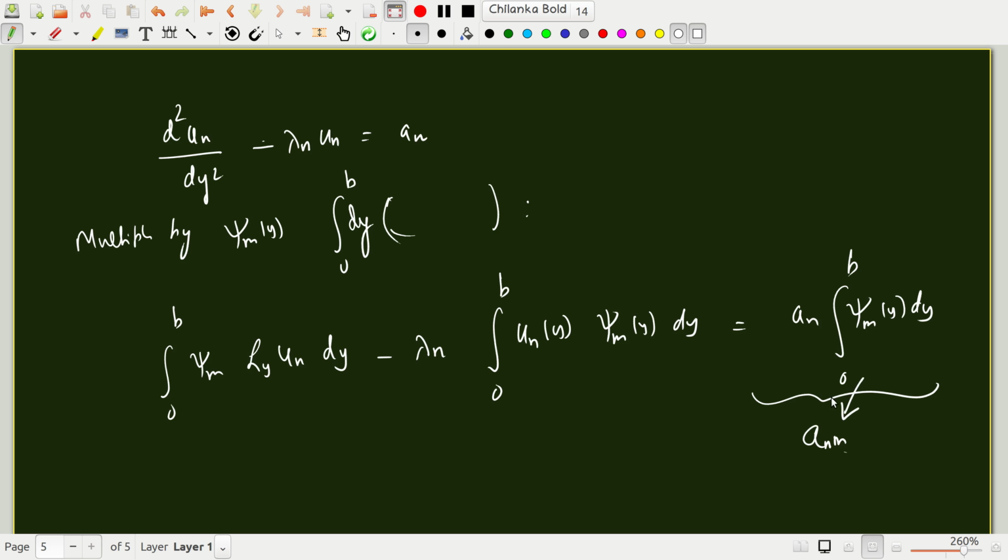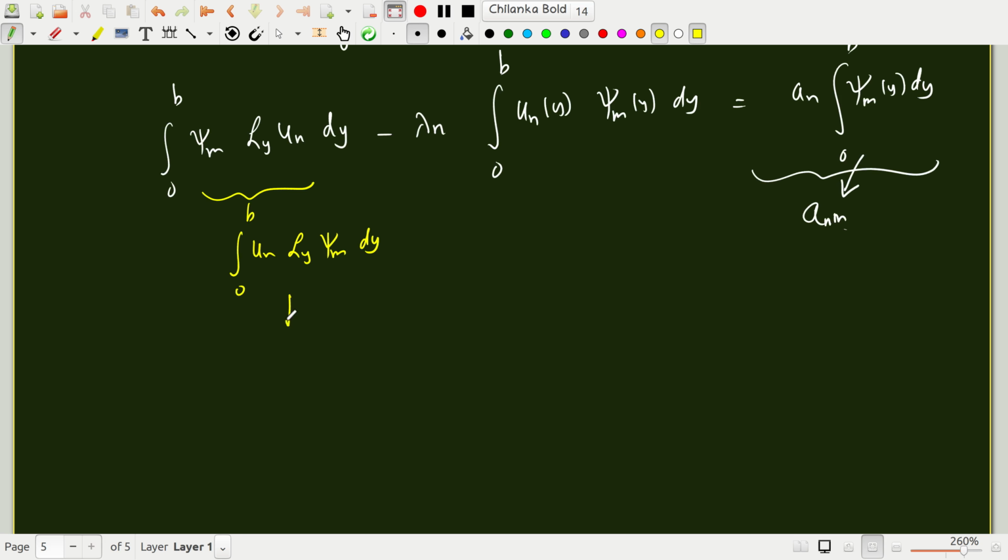Right. So now if you look at this expression, this is a self-adjoint operator, so this is 0 to b un Ly of psi m dy. Now that is nothing but, the eigenvalue is minus mu m. L psi m is minus mu m psi m, right?